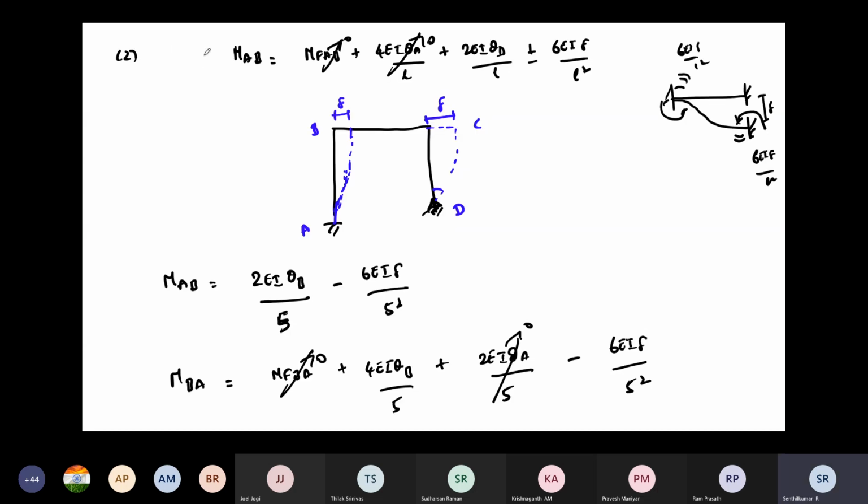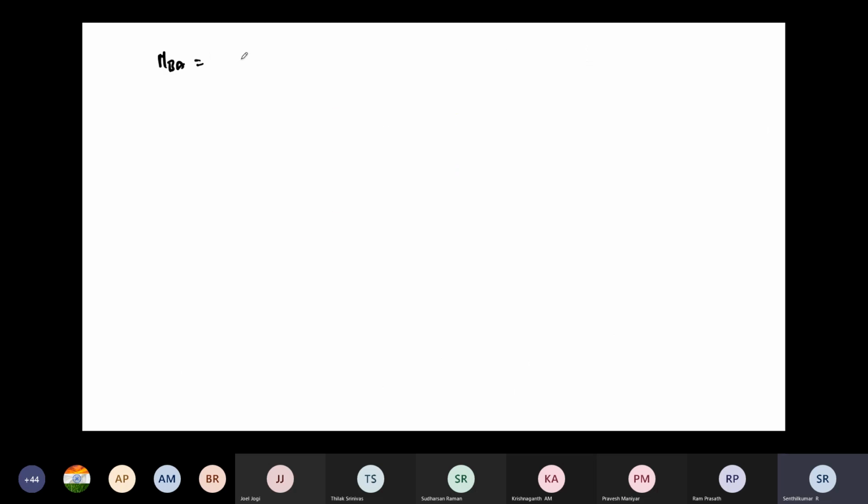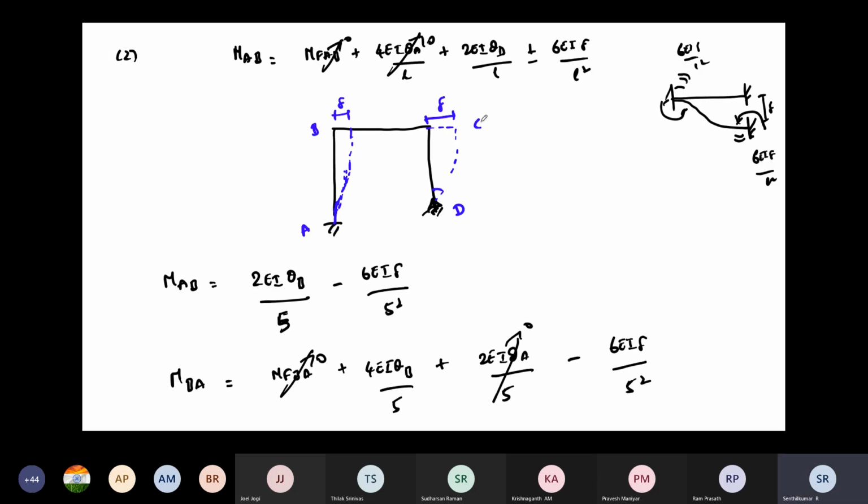So MBA will be equal to 4EI theta B by 5 minus 6EI delta by 5 square. Here theta B is also unknown, delta is also unknown, right? 5 square is nothing but 25, you can keep it like that. So this is the MBA. Then MBC, that member, just think like that.